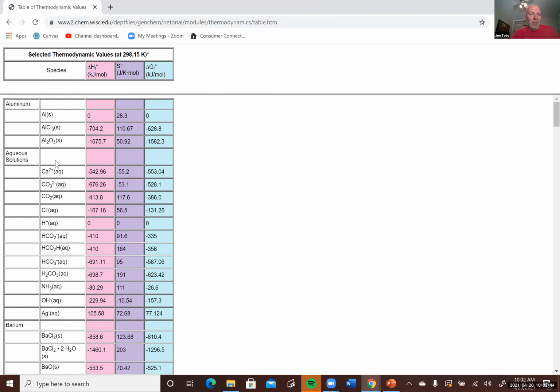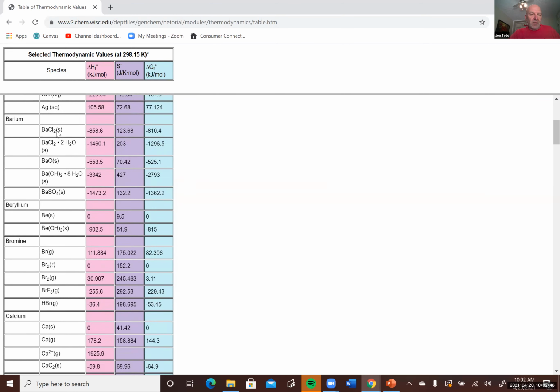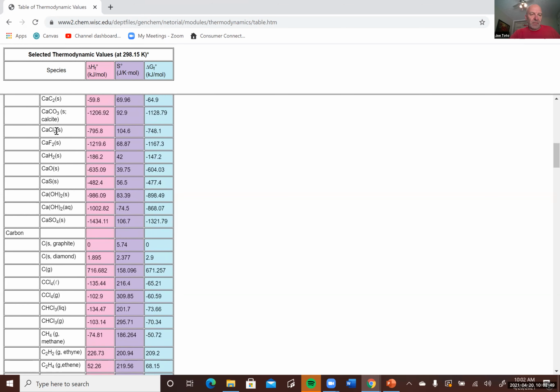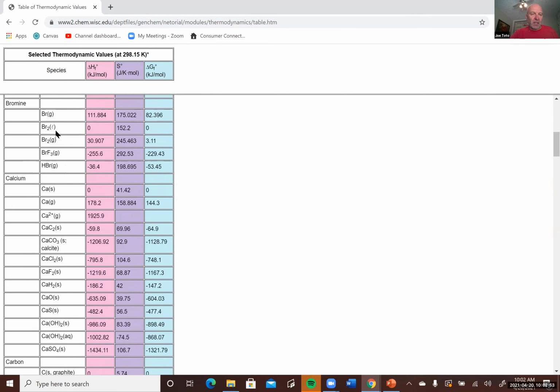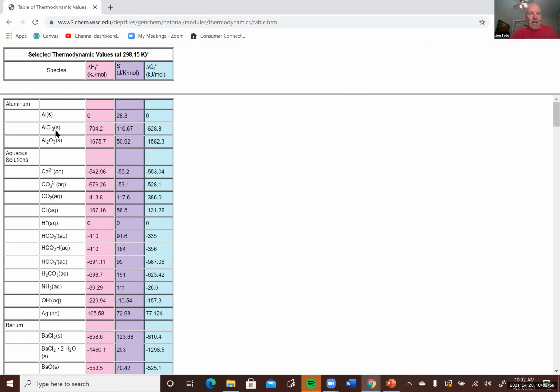So you have a bunch of compounds, here they call them species because sometimes they're compounds, sometimes they're just elements and so forth. And then you have the columns for delta H of formation. You have absolute entropy values, and those things are possible because of the third law of thermodynamics that sets the 0. And then the last column is a delta G of formation value for all these species.